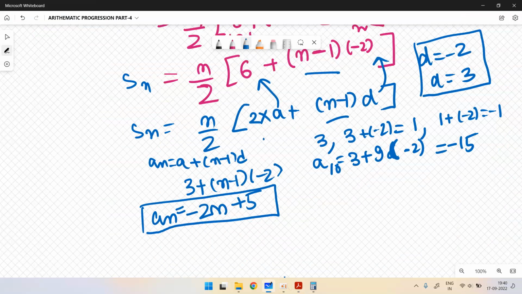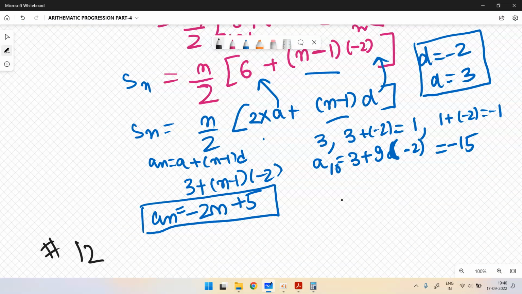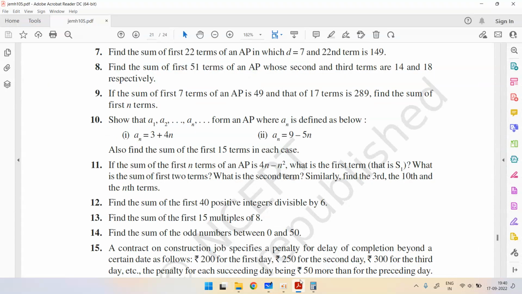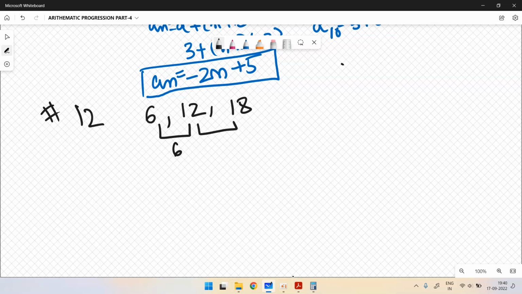The first term will be 6, then the next multiple of 6 is 12, the next is 18, and so on, till 40 terms.